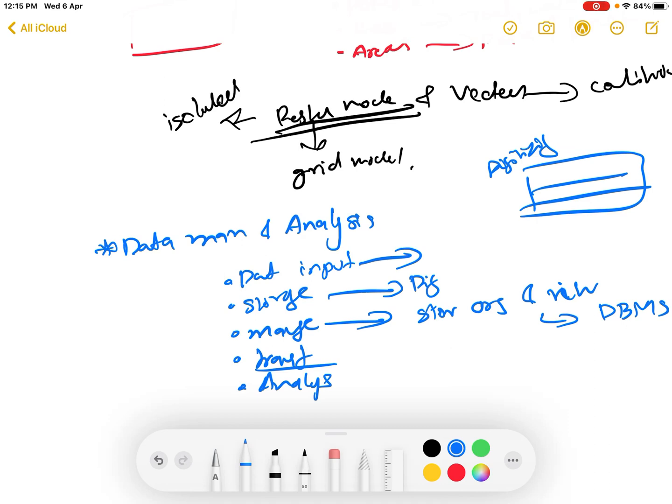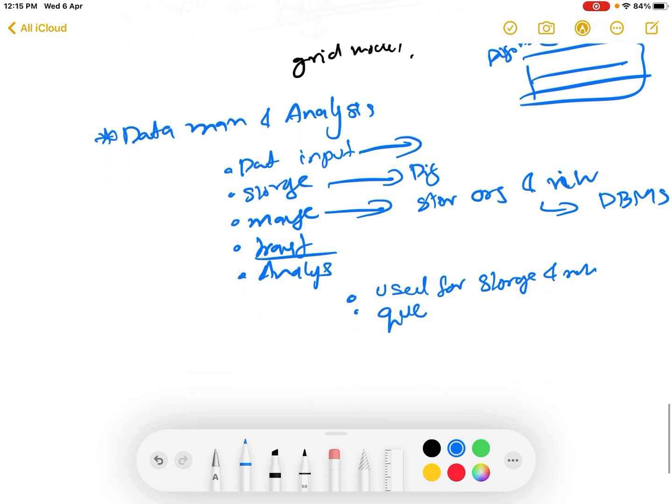Then analysis. In analysis, we are analyzing the data. This analysis procedure can be of 3 types. The one is used for storage and retrieval. Then we have queries for analyzing data, or queries that we use to look at certain patterns.